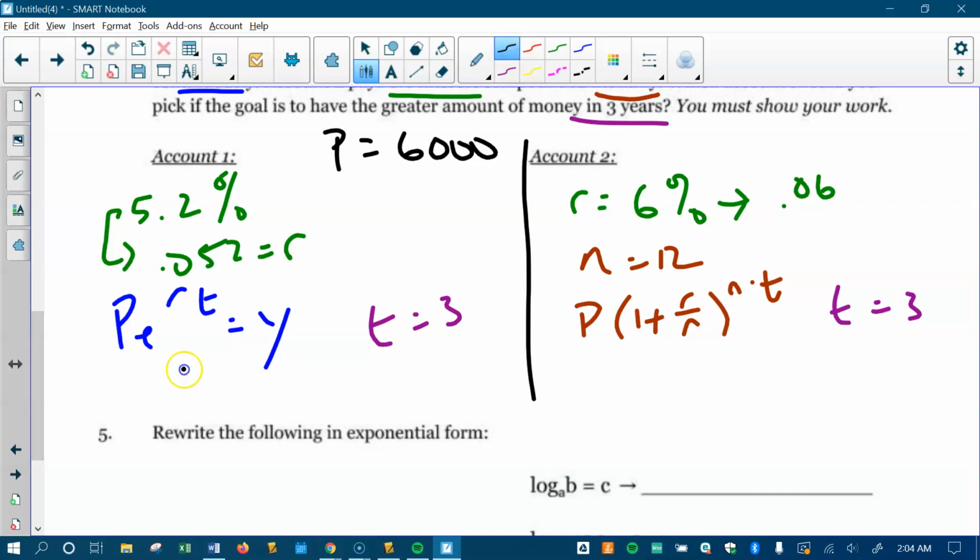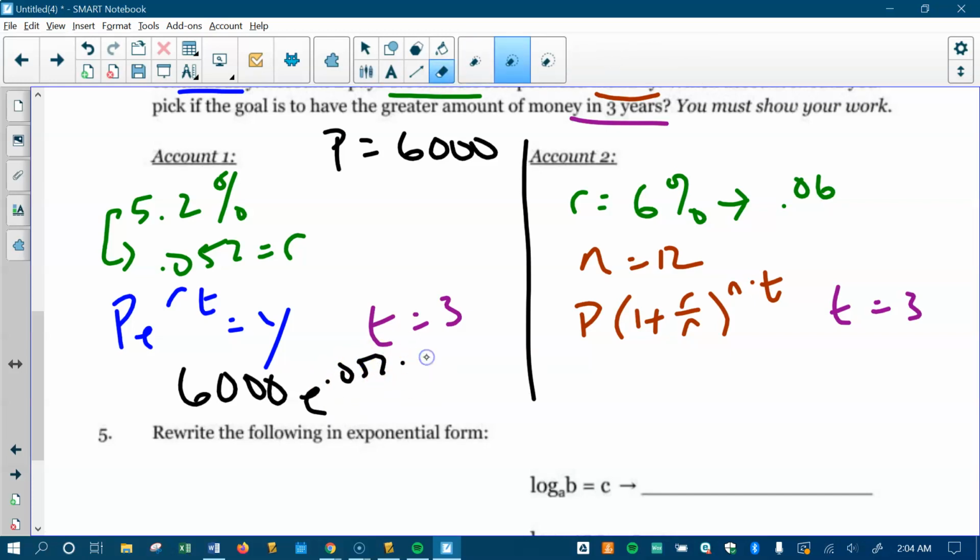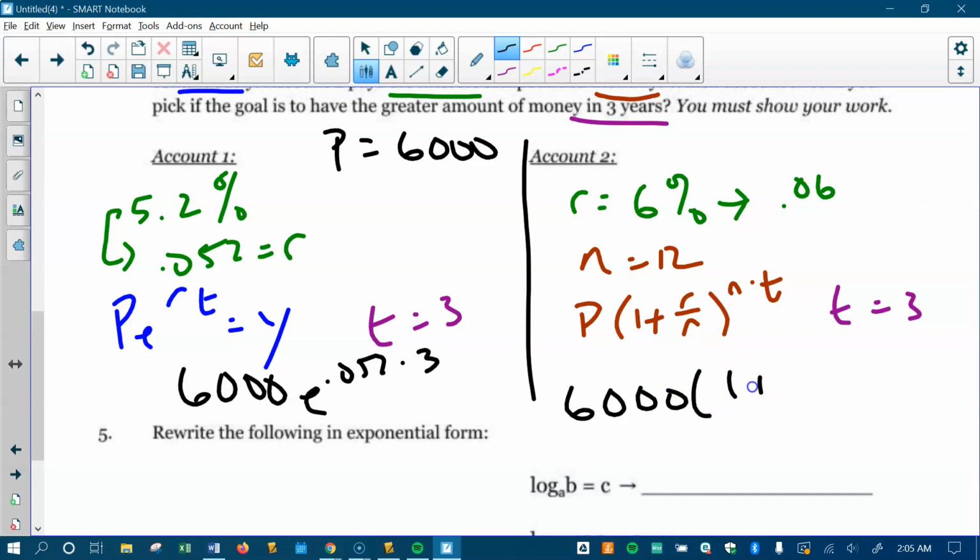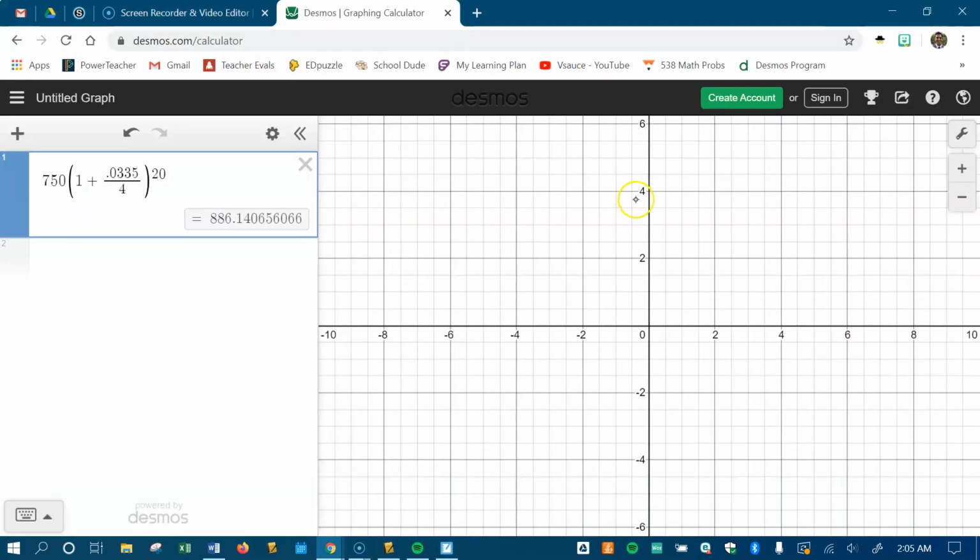So I'll write this out just before I plug it in my calculator. 6,000 e to the 0.052 times 3. That's our first one. This one is going to be 6,000 times 1 plus 0.06 divided by 12 to the 12 times 3. Okay, let's see what we get here.